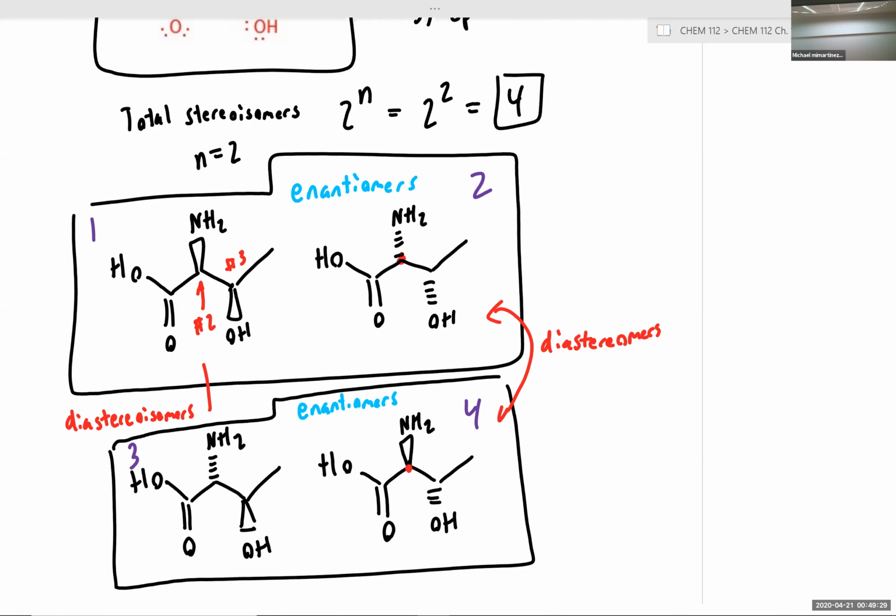Essentially, I draw a random molecule, whatever configuration I want. Then 2 and 3, yes, that's exactly right. 2 and 3 are also a pair. Good.